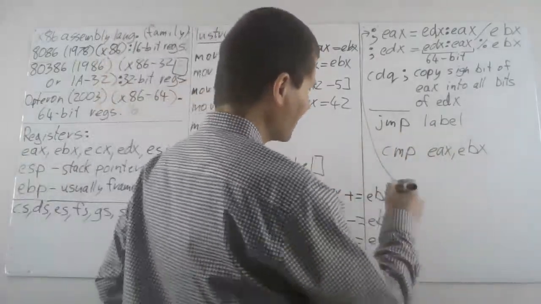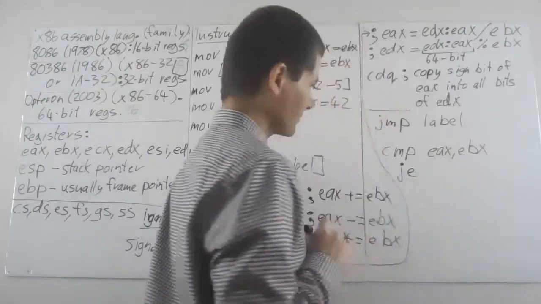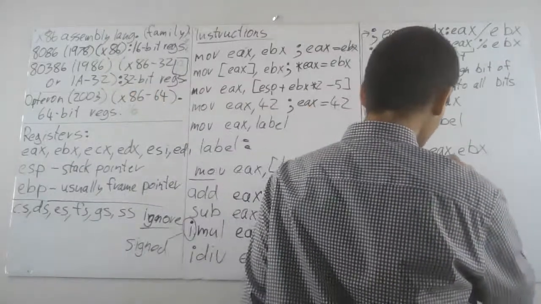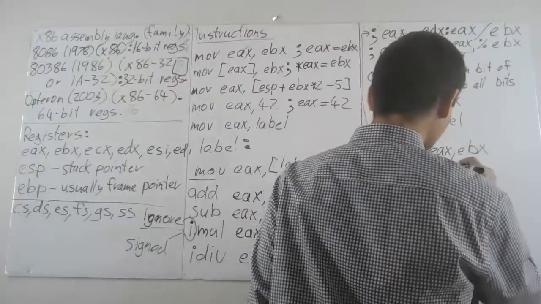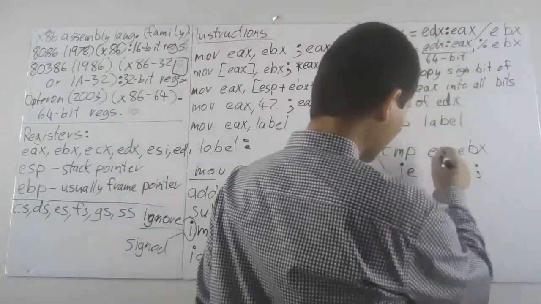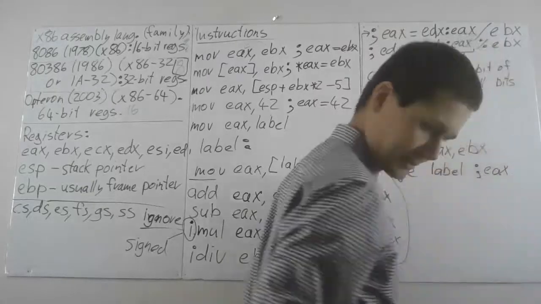Okay, and then afterwards, I can use an instruction like JE. So this jumps to a label if EAX and EBX were equal.